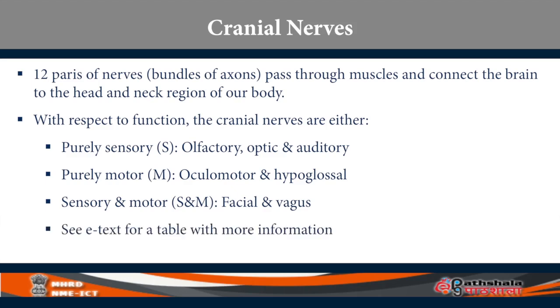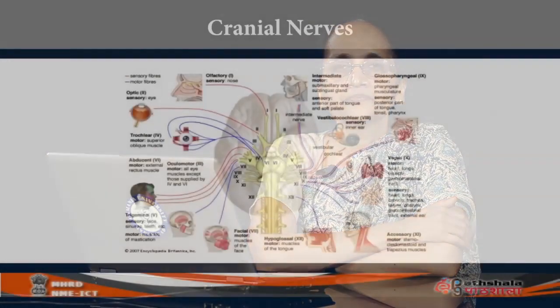In the e-text, all the 12 cranial nerves are listed. Their functions are indicated. Consult that table in the e-text. Now I will only show you one picture of the brain turned back to show you where the 12 cranial nerves originate. Look at the picture.